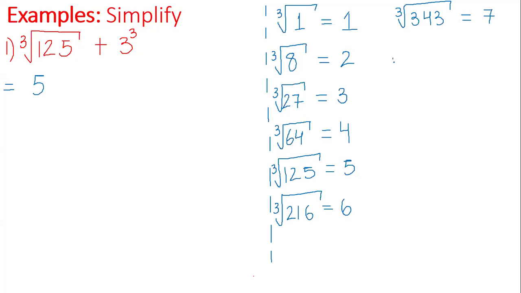The cube root of 512 is what? 8. Why? 8 times 8 times 8 is 512. The cube root of 729 is 9.